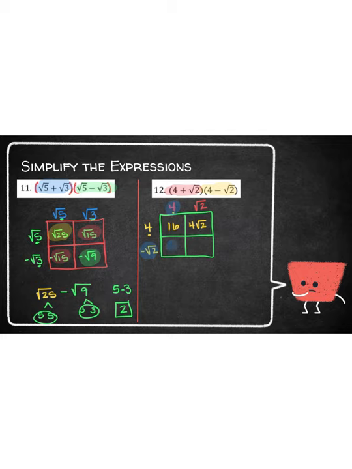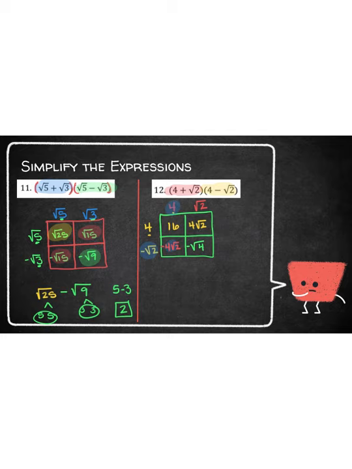And the negative is going to come out front, so that's going to give me a negative 4 with a square root of 2. And finally, I'm going to do my square root 2 and my negative square root 2. And that's going to give me a negative square root, whoops, I forgot my square root. Negative square root 4.